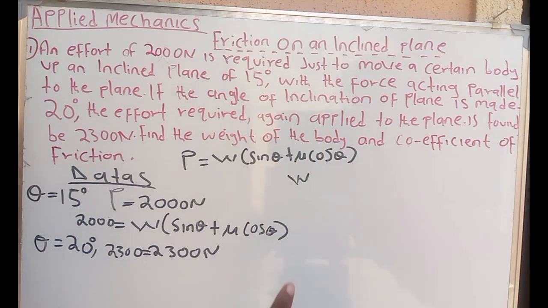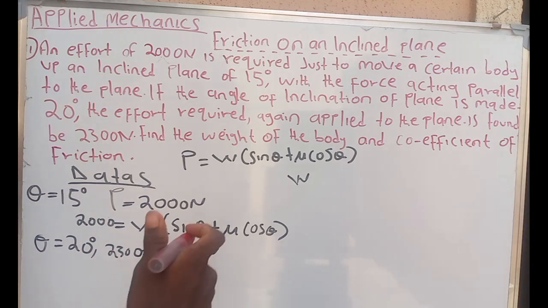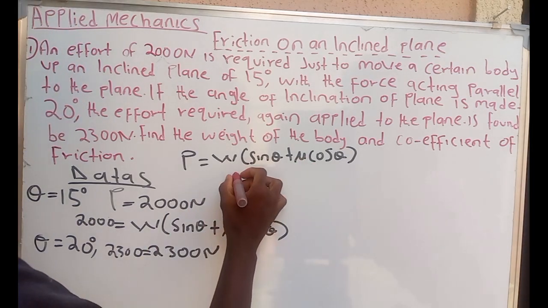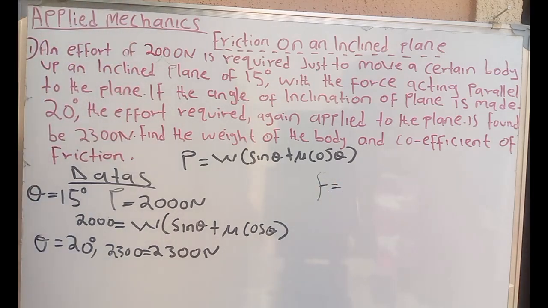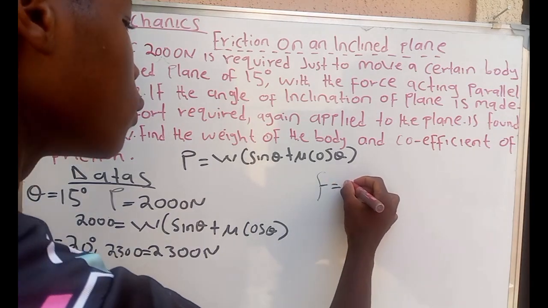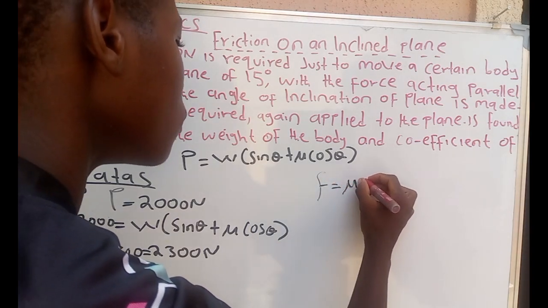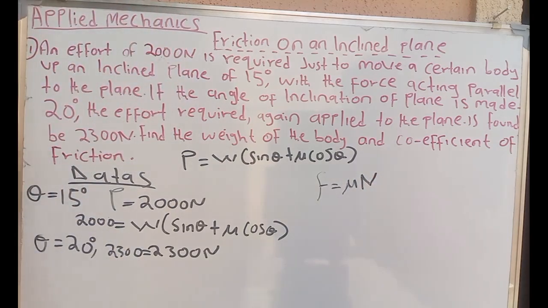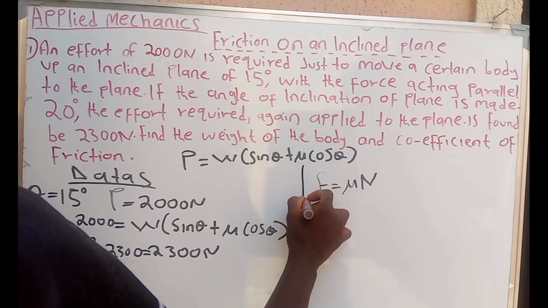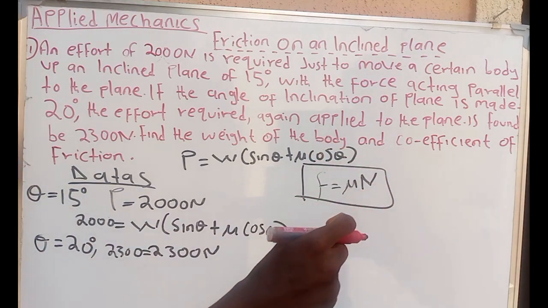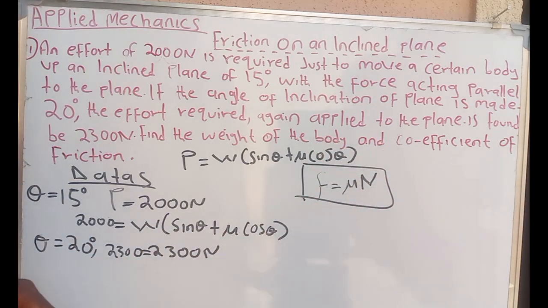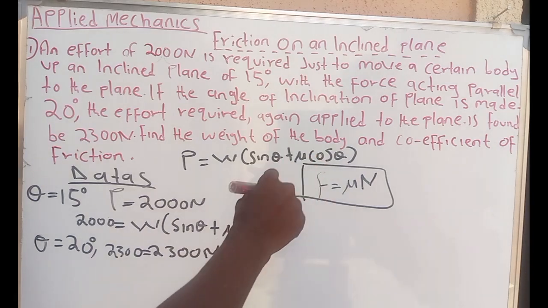The frictional force opposing the motion is given by F, which is equal to mu multiplied by the normal force. This is the formula for the frictional force opposing the given force.